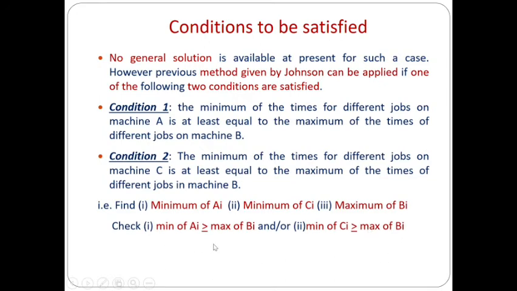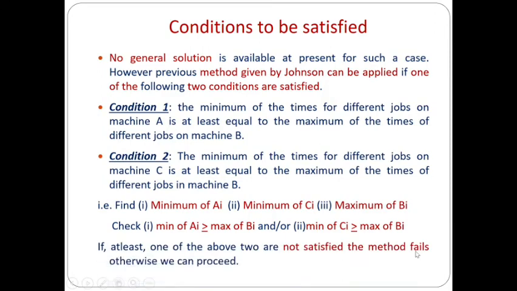The first condition is that the minimum of the first machine should be greater than or equal to the maximum of the middle machine. The second condition is that the minimum of the third machine should be greater than or equal to the maximum of the middle machine. So if you want to apply Johnson's algorithm, the same procedure we have seen up to now, at least one of the two conditions should be satisfied.